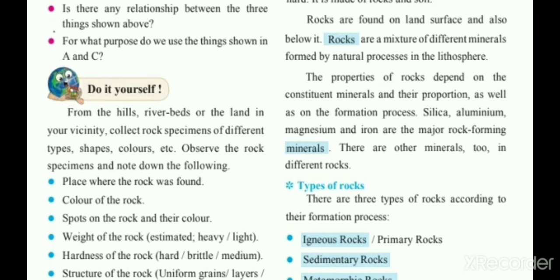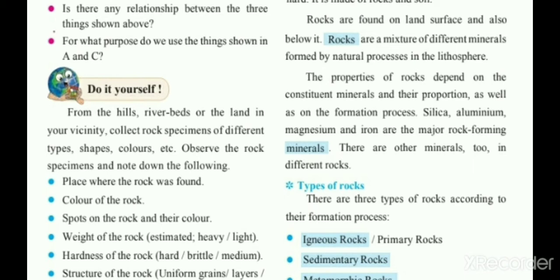The properties of rocks depend upon the constituent minerals and their proportion, as well as on the formation process. Here the property of a rock depends upon the minerals from which it is made and the proportion, how much of a mineral is mixed in it. The proportion as well as the constituent minerals depend upon the process of making the rock.